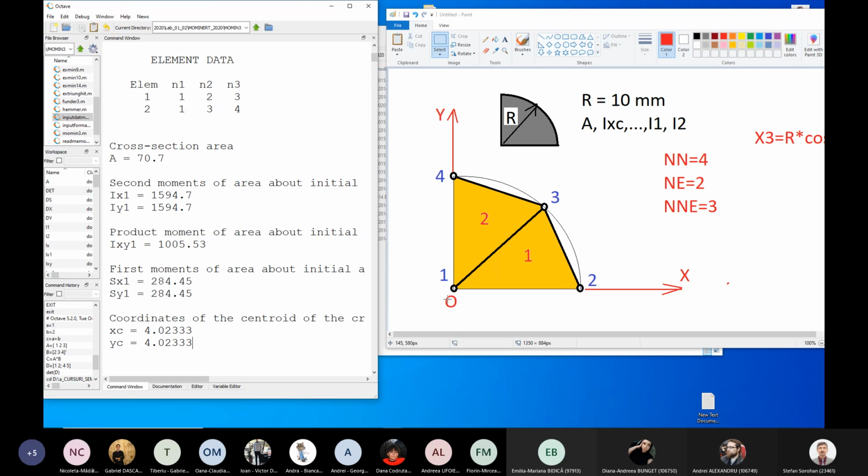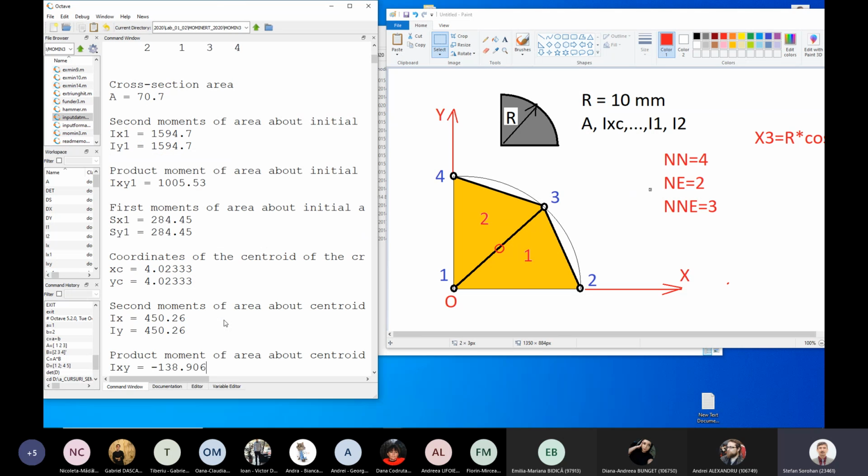So from 1 to 2 I have 10, so it's somewhere here. If you want to mark the centroid with a circle, you can put it somewhere here. Then click more, enter.